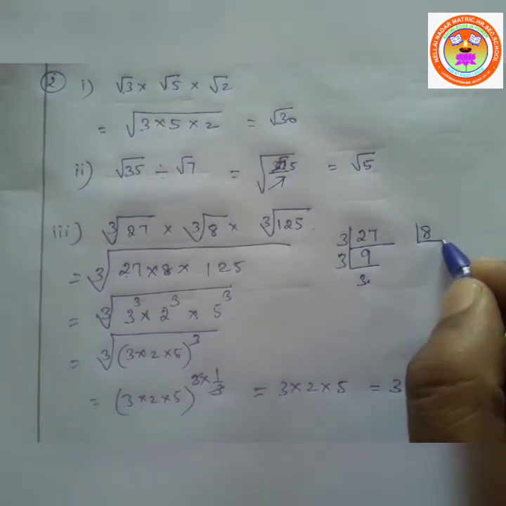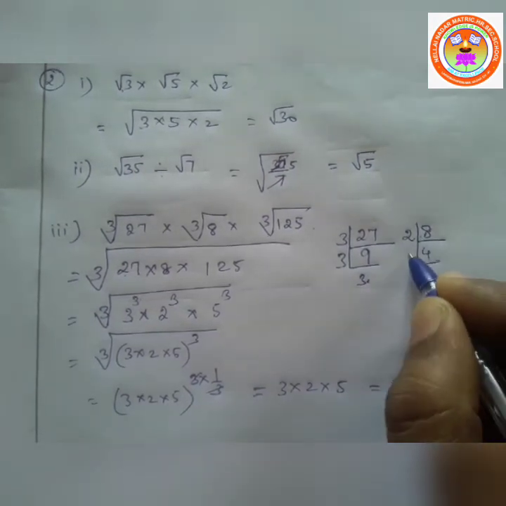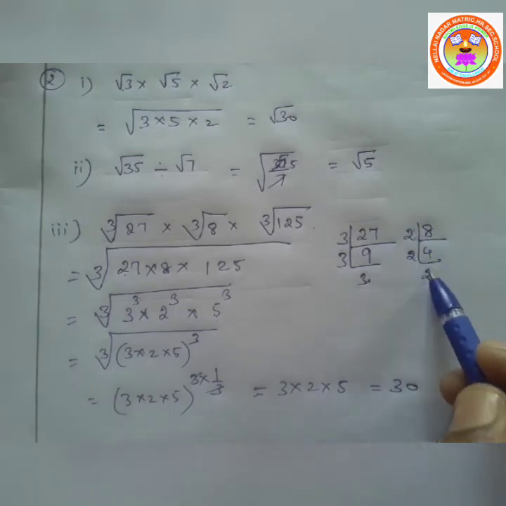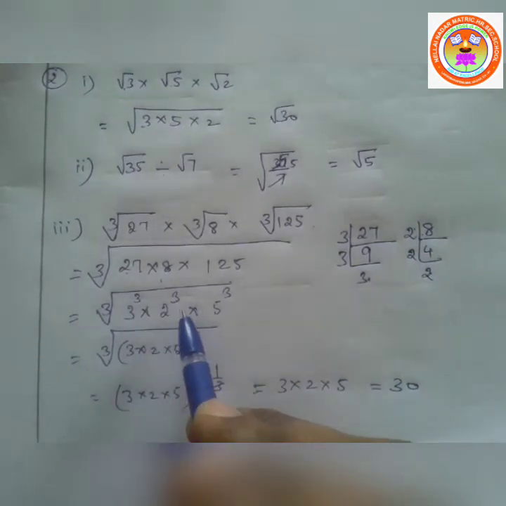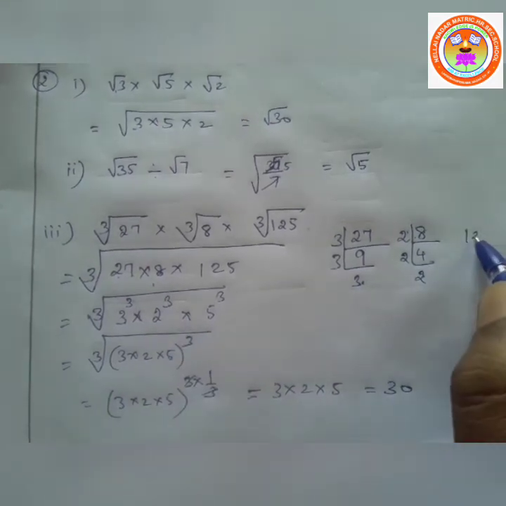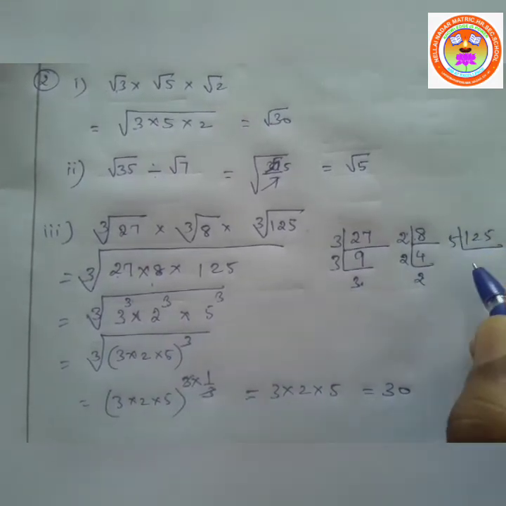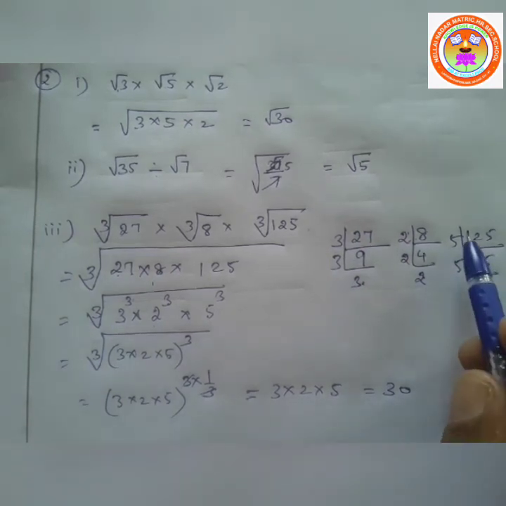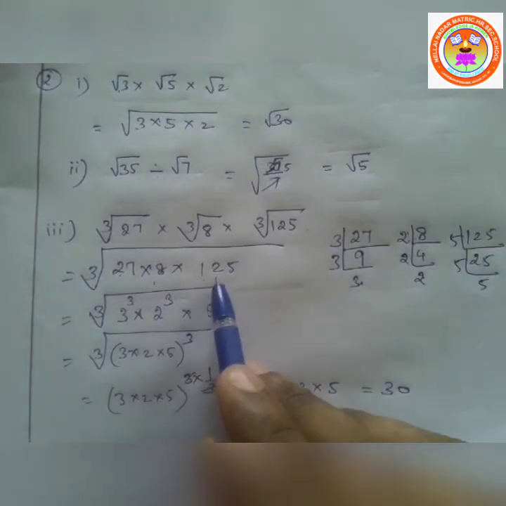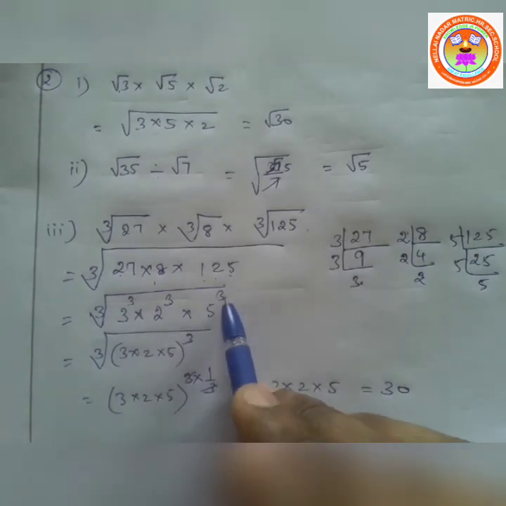For 8, in the 2 table, 4 times, again 2 times. How many 2's? 3. So 8 is 2 power 3. For 125, 5 25 times, again 5 times. How many 5's? 3 5's. So 125 is 5 power 3.